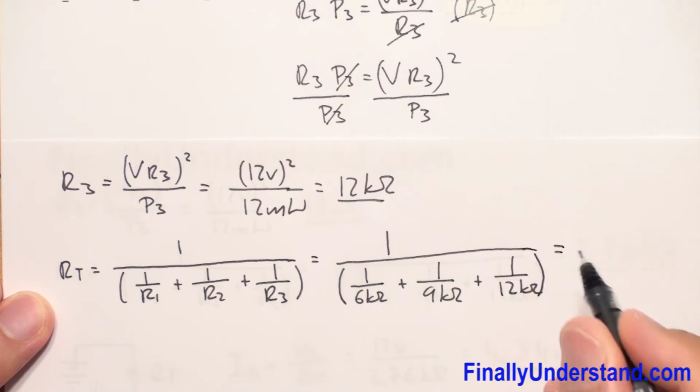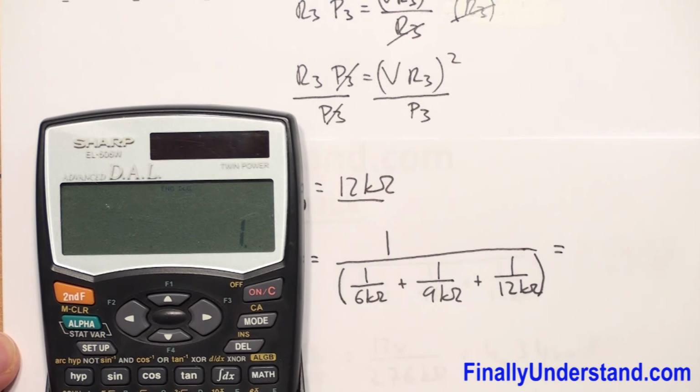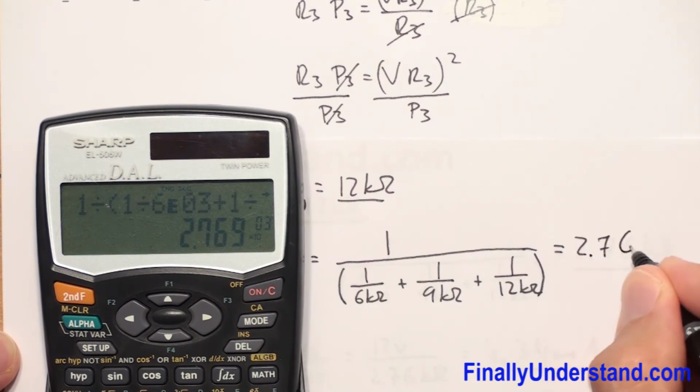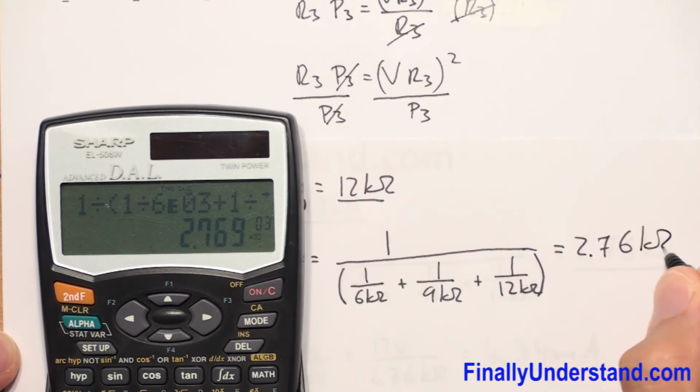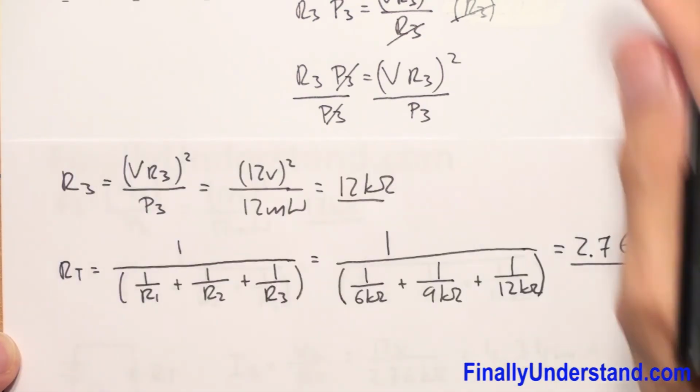Okay, this is equal to 1 divided by, open parenthesis, 1 divided by 6 exponent 3 plus 1 divided by 9 exponent 3 plus 1 divided by 12 exponent 3. This is equal to 2.76 kilo ohms. Okay, so this is the total resistance of my circuit.